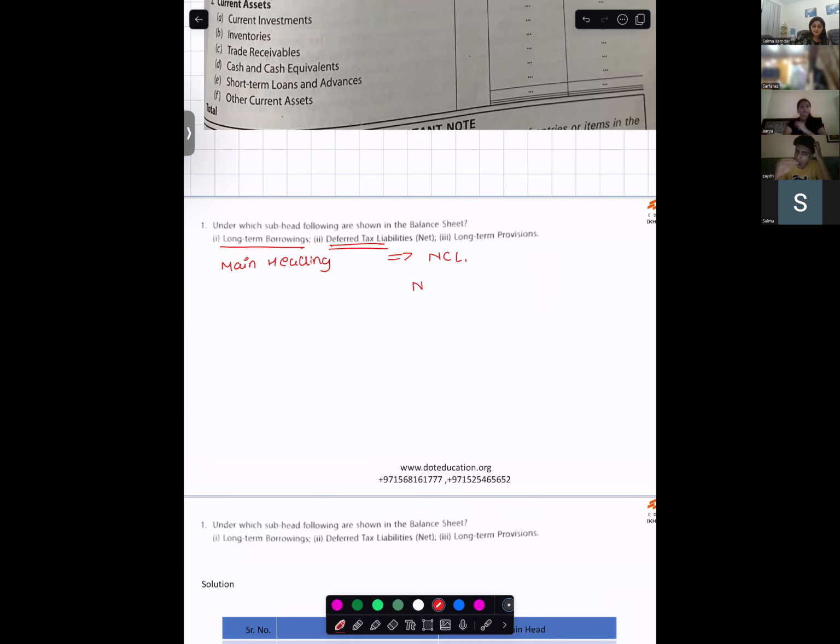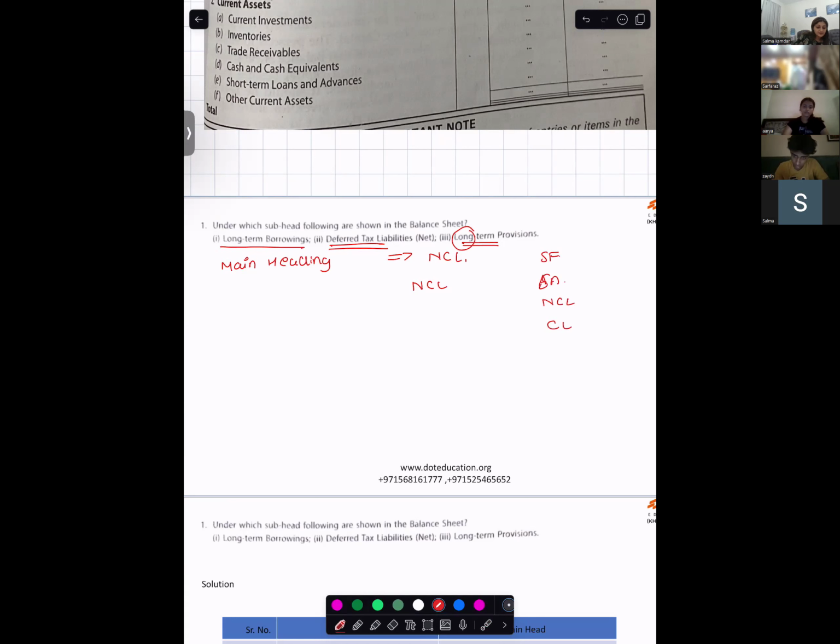Where will long-term provisions come? In the non-current liability. You have shareholders funds, share application money pending allotment, non-current liability and current liability.